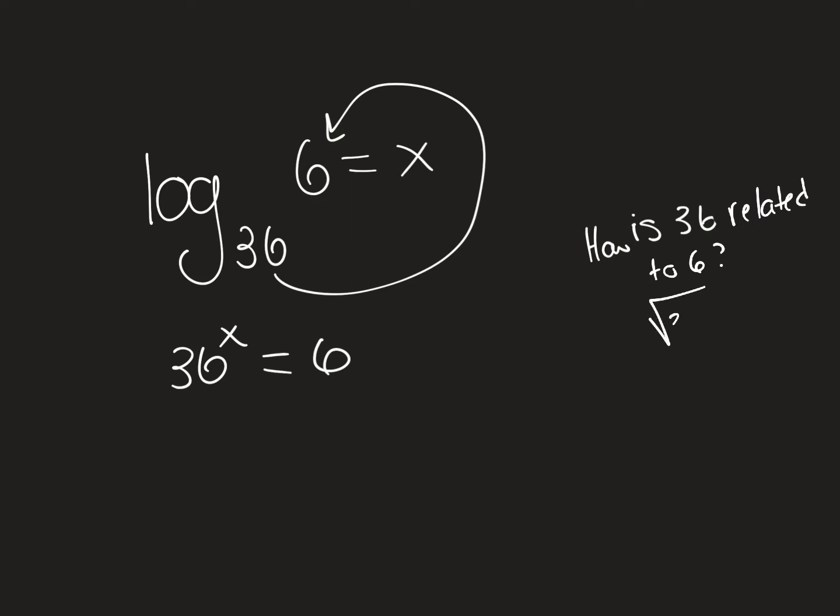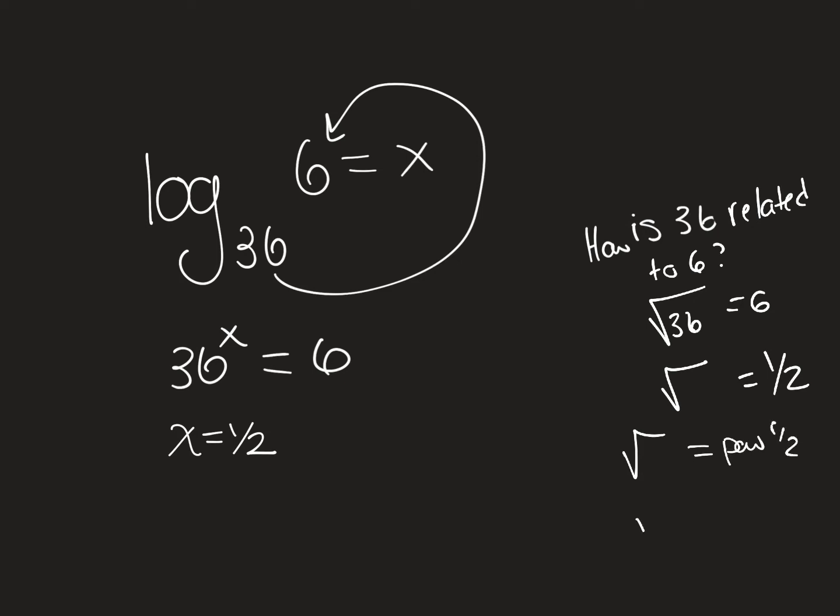Well, the square root of 36 is 6. And if I want to write square root as a power, it's the 1/2 power. So I need to do x equals 1/2, because a square root is equal to a power of 1/2, and a cubed root is equal to a power of 1/3. It's always the power over whatever root you want to take. Well, I want 36 to be the first power, but I want to take the square root, so I put a 2 there.